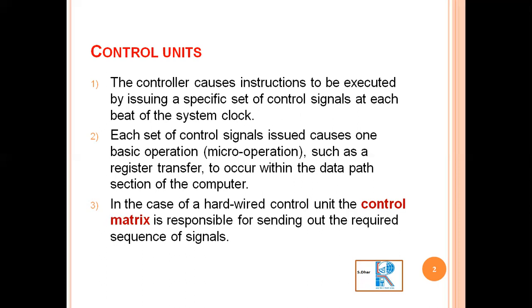The decoder decodes what type of instruction we want to generate, and the ring counter generates the different timing signals. The control matrix combines these two signals, from the decoder and the system clock, and generates the sequence of the instruction. That is the function of the control matrix in the hardware control unit.